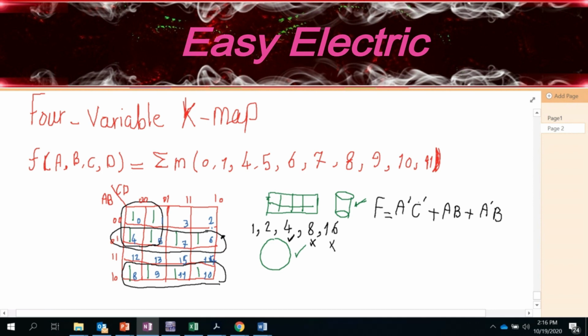This should be A B prime. Why? Because C, whenever you move in CD, will be 0, 1, and A here is 1, which is A, and B is 0, which is prime. That means A B prime, A prime B, and A prime C prime. So it looks like it should be fine.